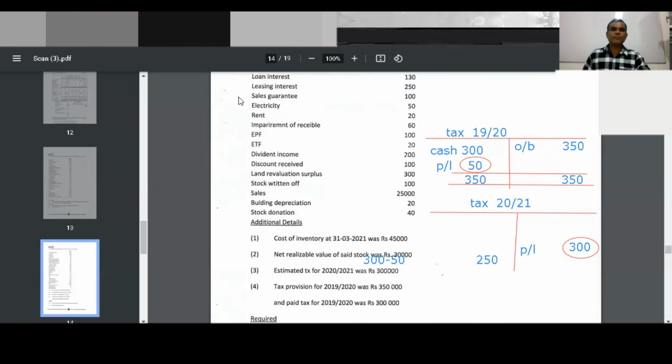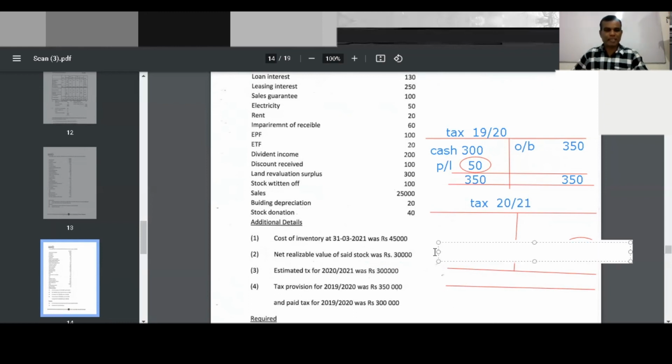Now here you see, you can close this account as well. Any amount related to this year that has not been paid, so that PL debit, here balance brought down. This amount should definitely be brought down. How much? 300.